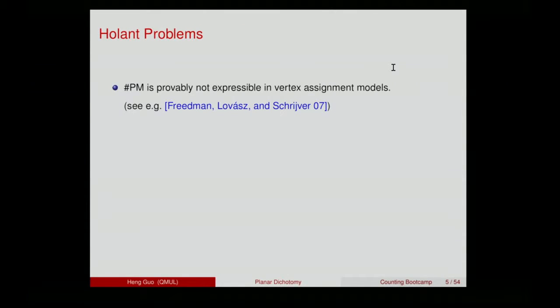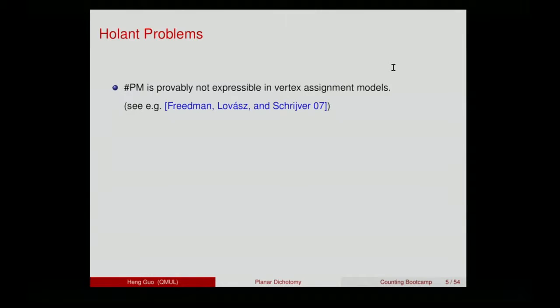And somehow counting perfect matchings is not really a CSP because, for example, we have this paper by Freedman, Lovász, and Schrijver. It can be shown that counting perfect matchings is not expressible in so-called vertex assignment models, which are very similar to graph homomorphism and spin systems.